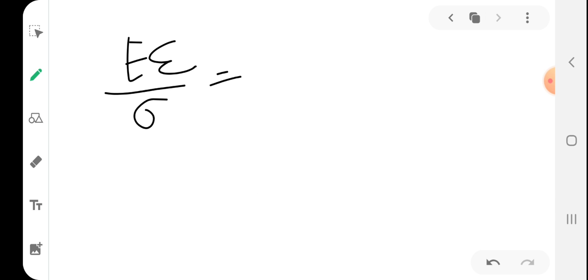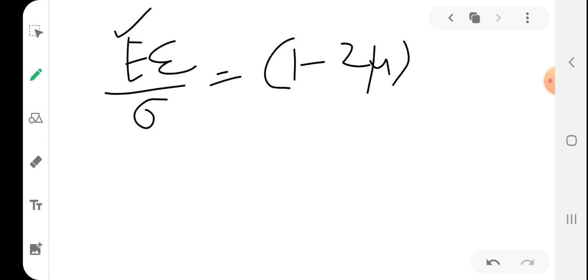If you take this value, E into epsilon by sigma equal to 1 minus 2 mu, right? So the previous equation can be written like this. Since this value has to be positive, because strain is positive and sigma is positive.